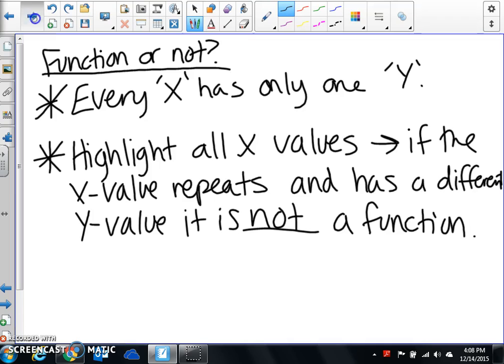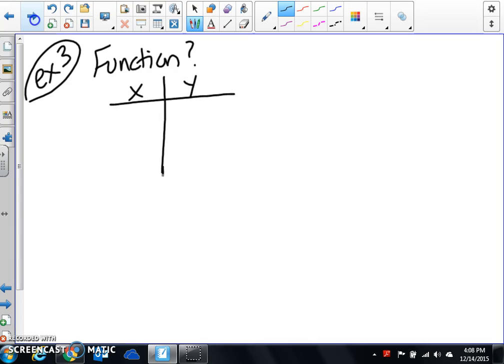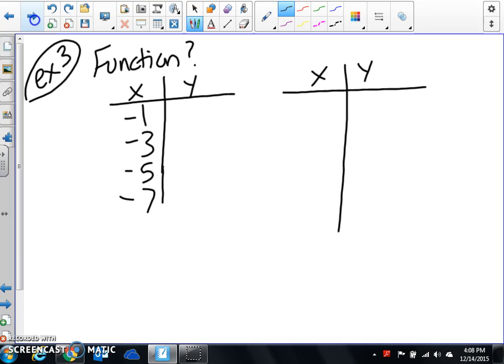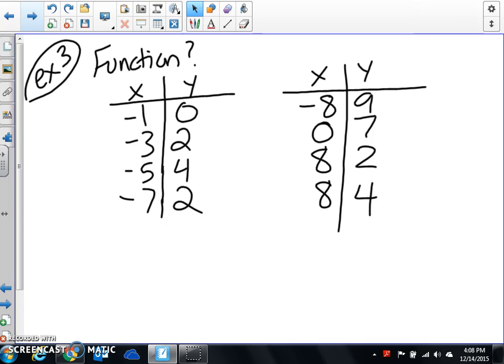So let's do a couple examples. I think this is example 3. Function or not. Let's go from a good old table. If we're determining whether it's a function or not, we are only worried about what the X is doing.